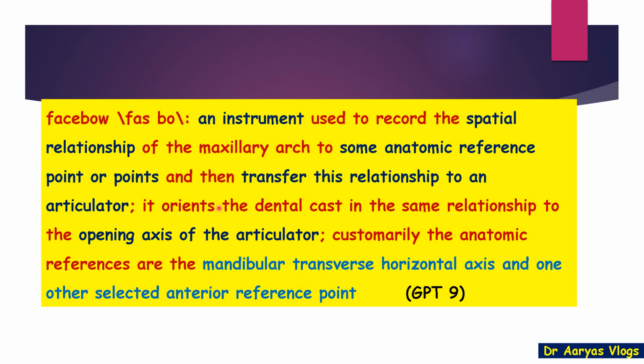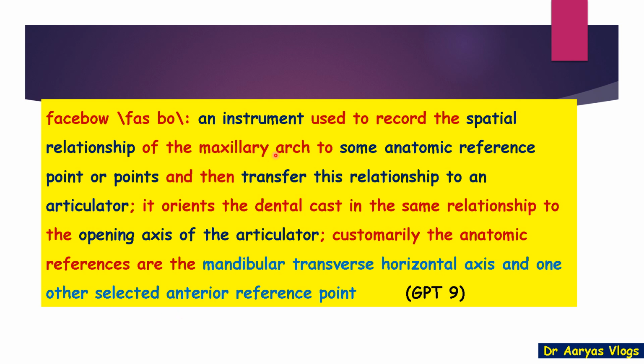And it orients the dental cast in the same relationship to opening axis of the articulator. Customarily, the anatomic references are mandibular transverse horizontal axis and one other selected anterior reference point.